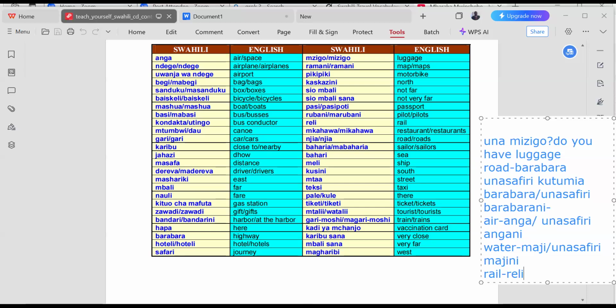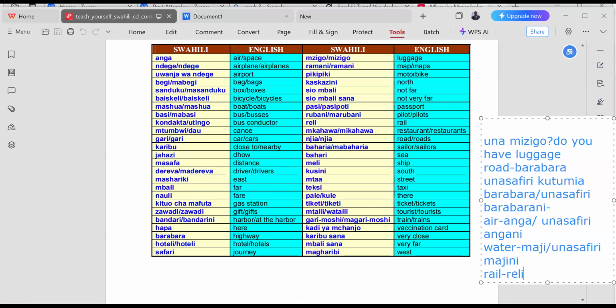Now, based on those various modes of travel, via rail, which is kwa reli, via airspace, which is angani, via road, which is barabarani, or via water, which is majini.